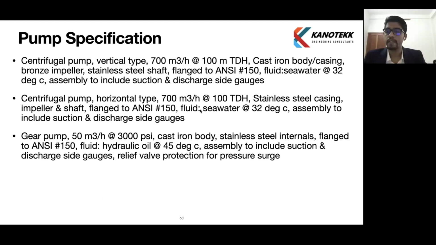When we look at the marine oil and gas sector, we see a wide application of centrifugal pumps because they have higher flow rates and are used for lower viscous fluids. So wherever water application or lower viscous fluid application comes, we generally prefer centrifugal pumps.